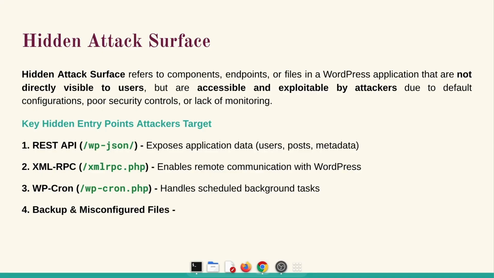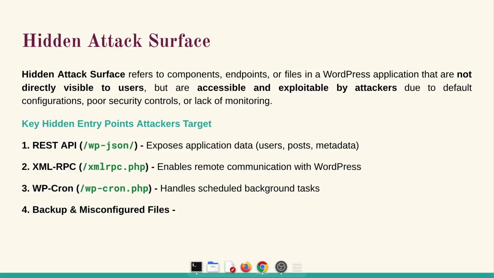Then the hidden attack surface. Developers mostly secure what they can see: login pages, forms, or dashboards. Attackers don't care about visible parts; they look for parts that are hidden but still accessible.